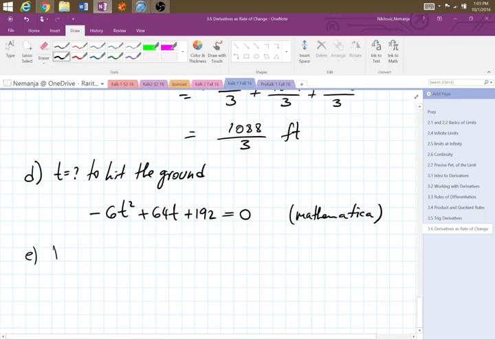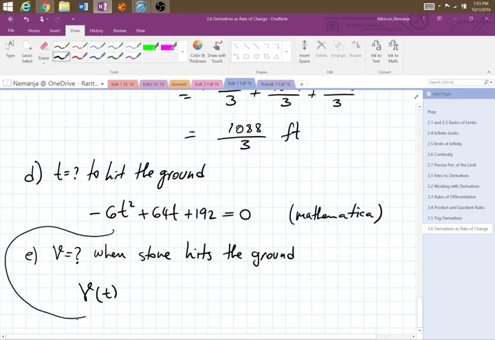So velocity when a stone hits the ground, you will just compute the velocity at the time you got from here. And it's going to be some number. So we don't have to FOIL, factor, all these things. So that's the part in physics.